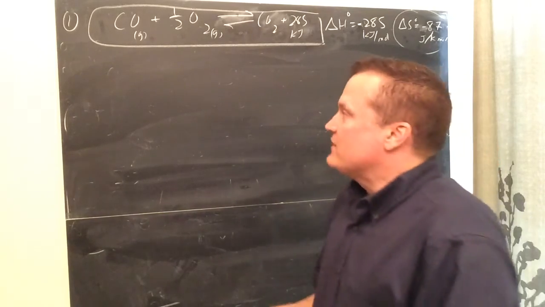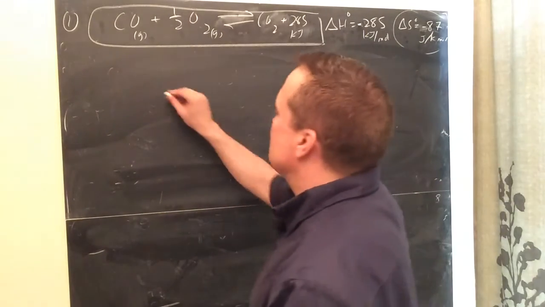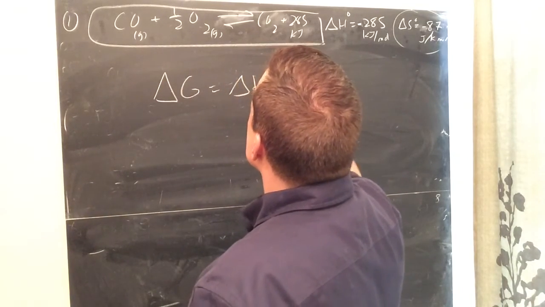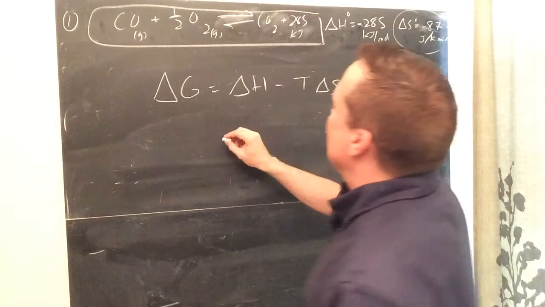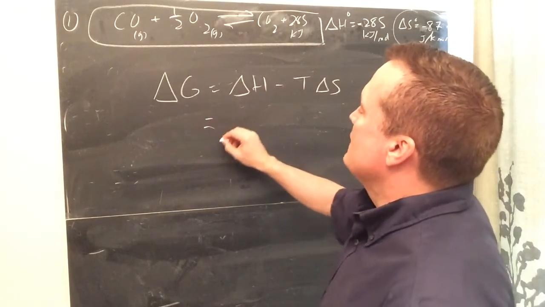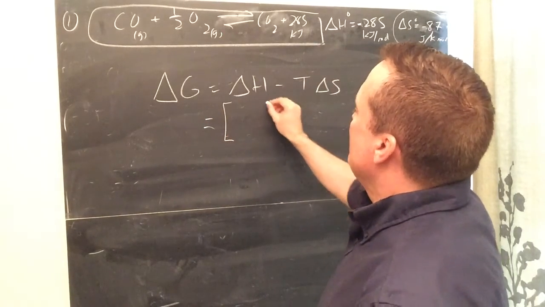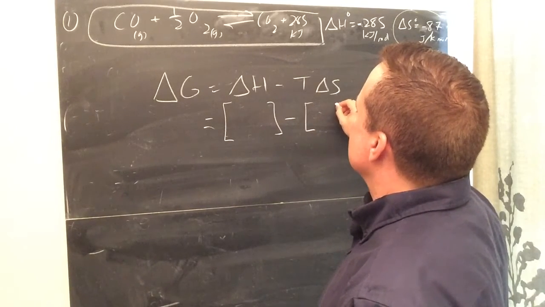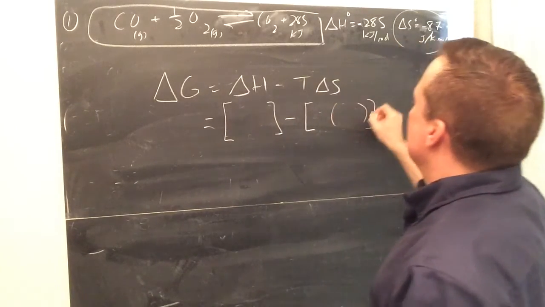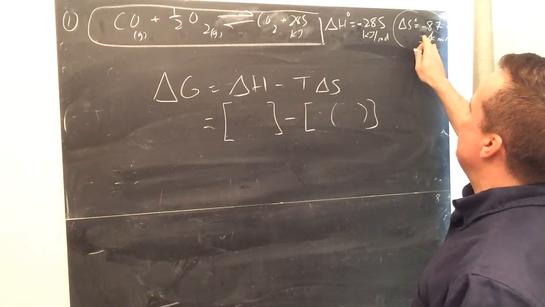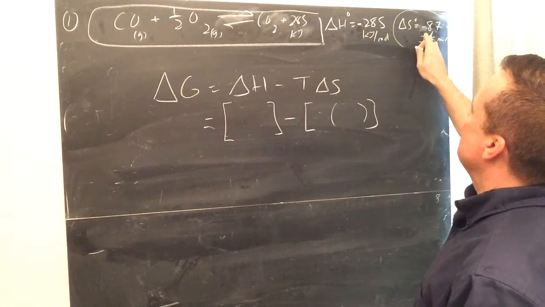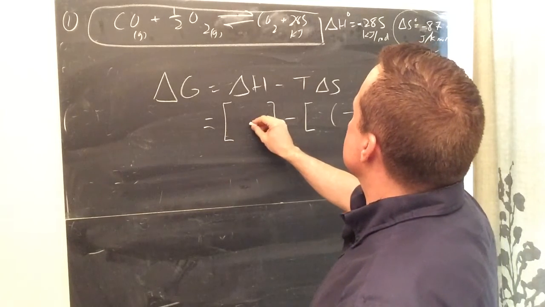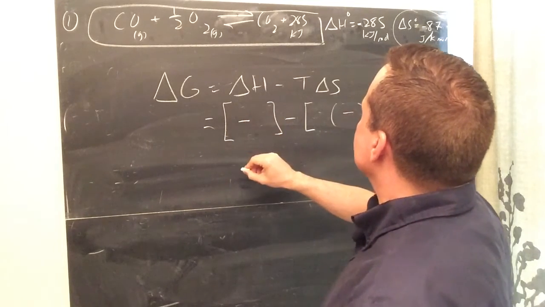Explain your answer. The best way to do a question like this is to go to the equation, delta G equals delta H minus T delta S, and then plug these things in. All right. We know delta H, and then we have T times delta S. So delta S is negative, and delta H is negative also.